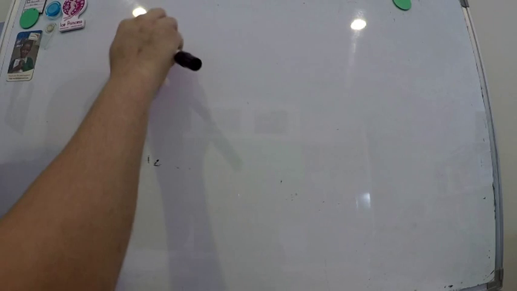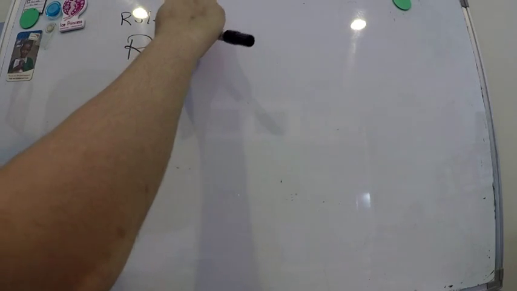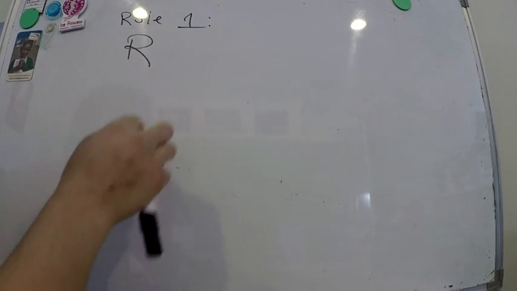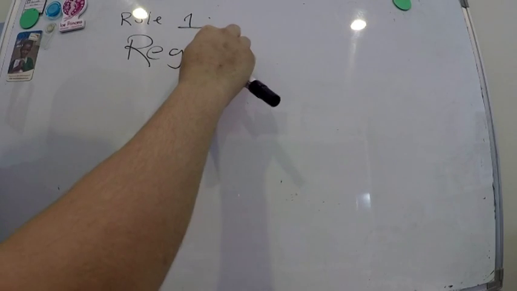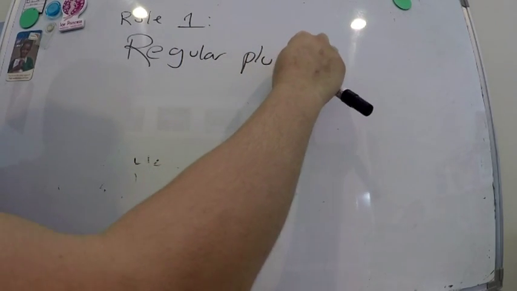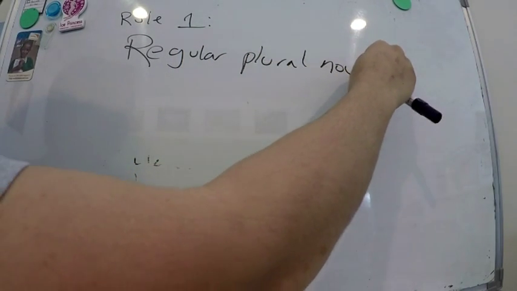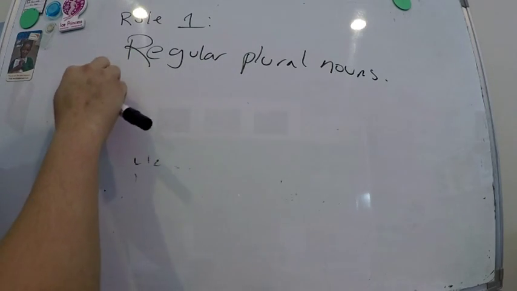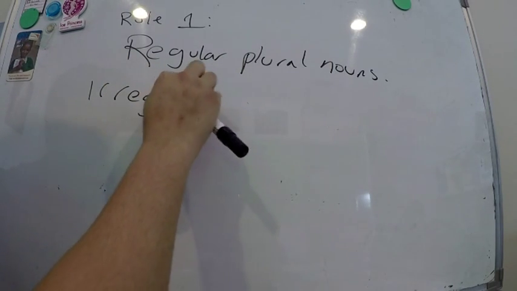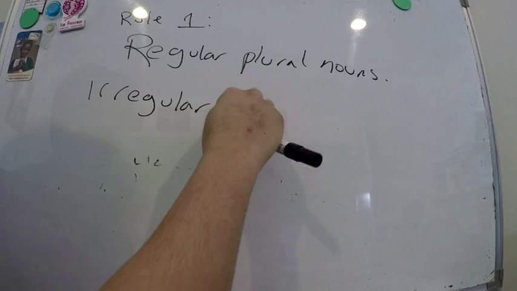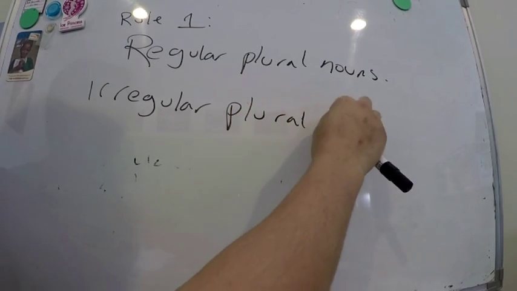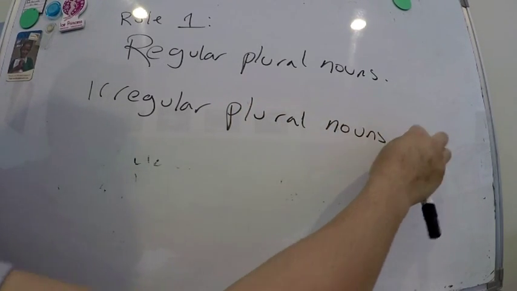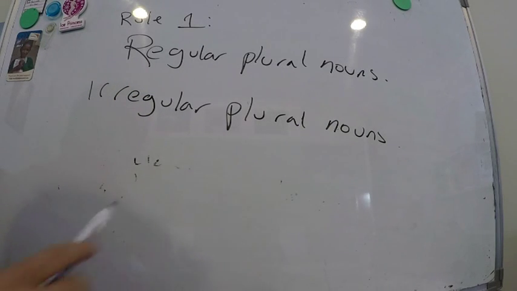So we're going to do this in a couple of rules. Let's just say that this is rule 1. You have to distinguish between your regular plural nouns and your irregular plural nouns.